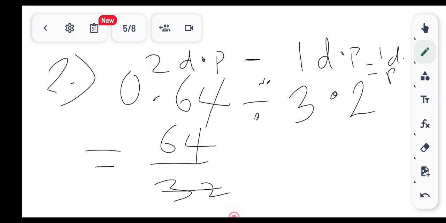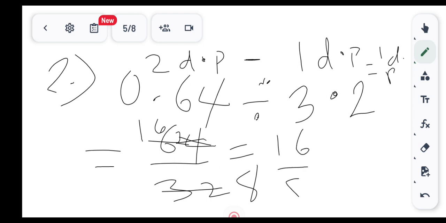Let's say 4. 4 in 64 is 16, and 4 in 32 is 8. So we have 16 divided by 8, which is 2. 2 is my final answer.